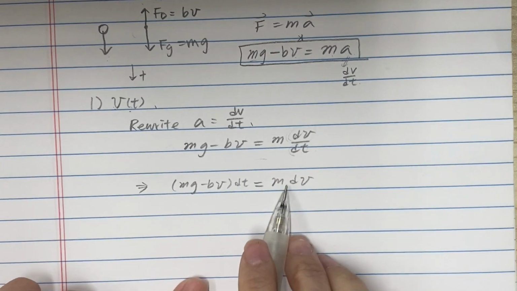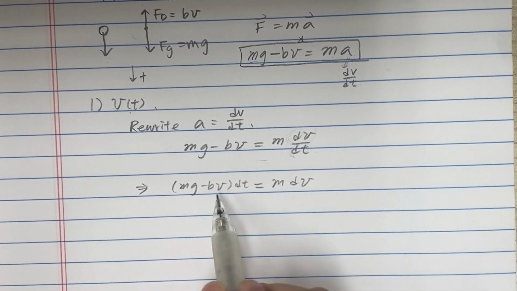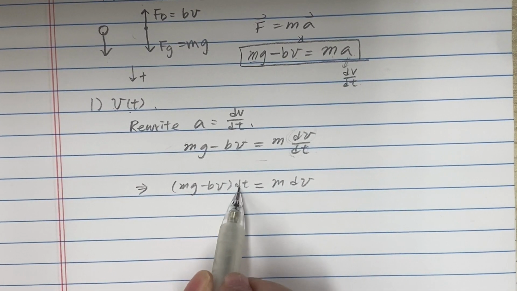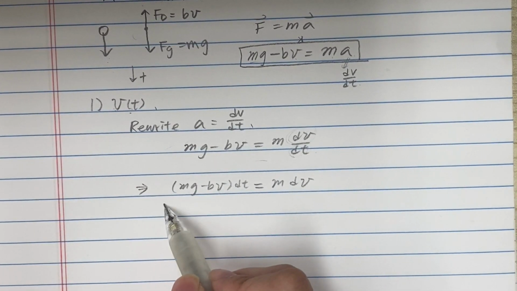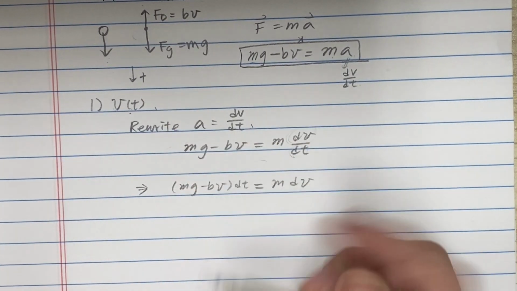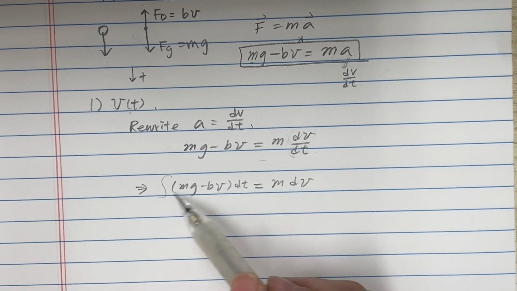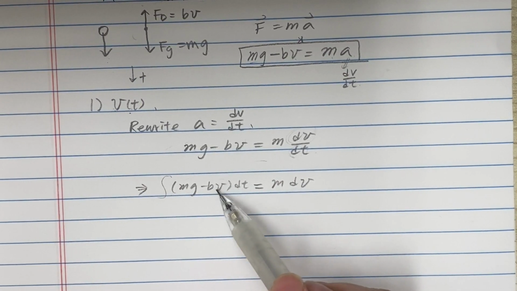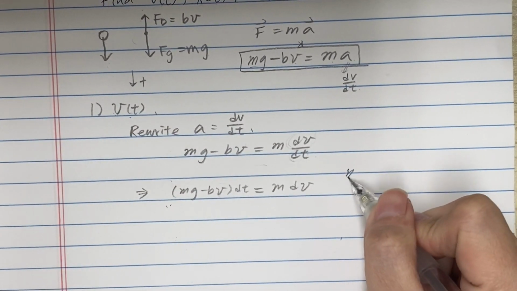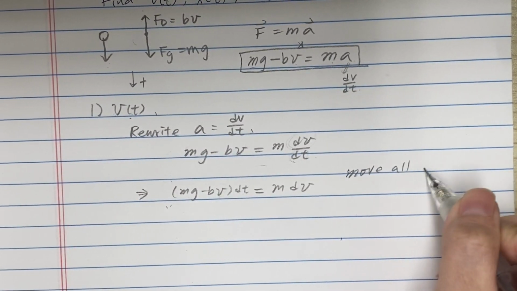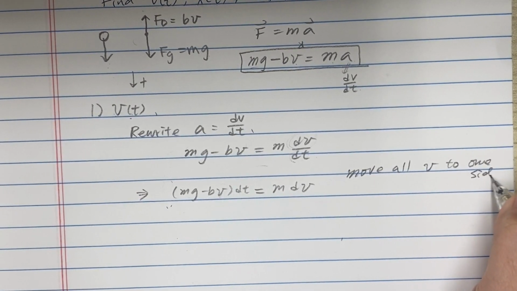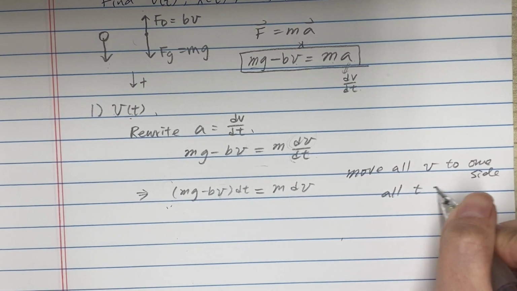Eventually we want to do something like that and integrate it out, but this term has a velocity dependence, meaning it also depends on t. I cannot just integrate it out and pretend this is a constant, because it's not. So the trick here is to move all v to one side and all t to the other.